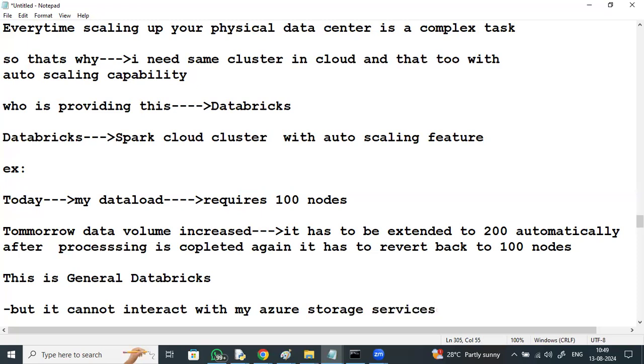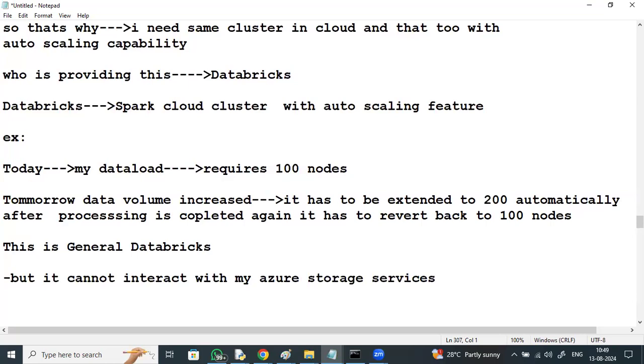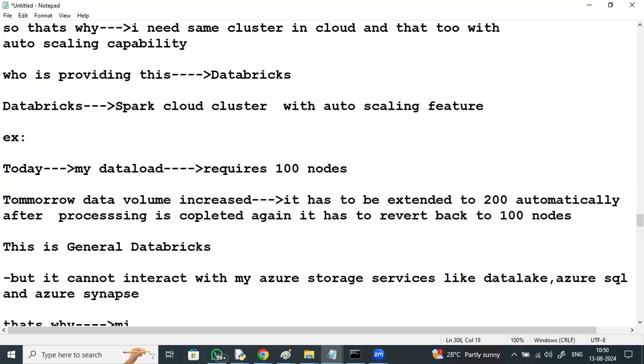Data Lake, Azure SQL, and Azure Synapse. That's why.